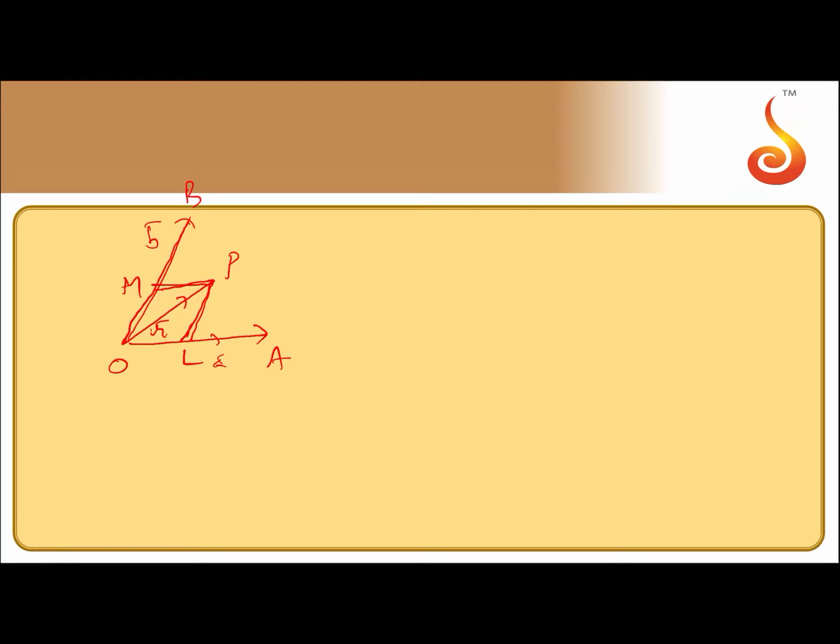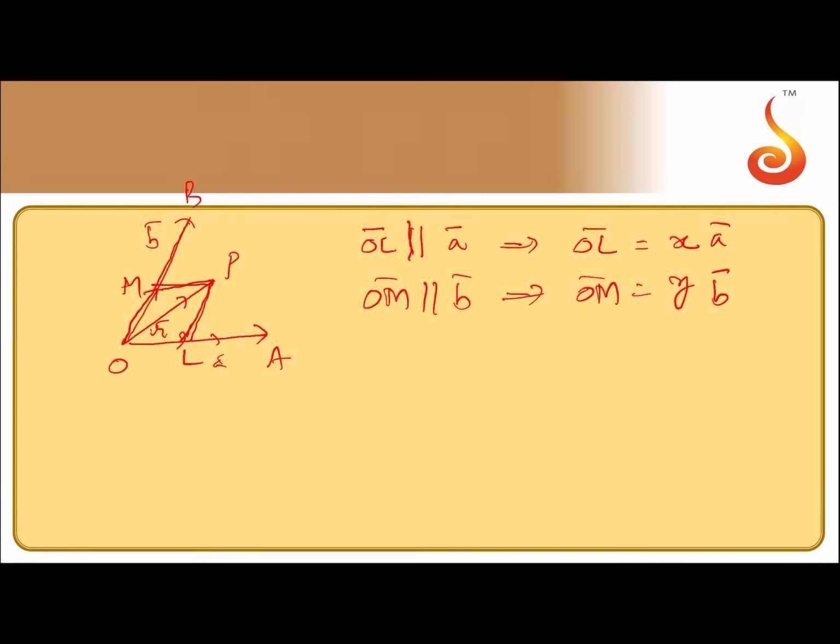Clearly you could see in this diagram that the OL vector is parallel to A bar. Therefore, once two vectors are collinear or parallel, the OL vector can be written as a unique scalar times A bar, and that is x times A bar. In the same lines, OM is collinear with B bar, therefore OM is a scalar times the vector B bar.